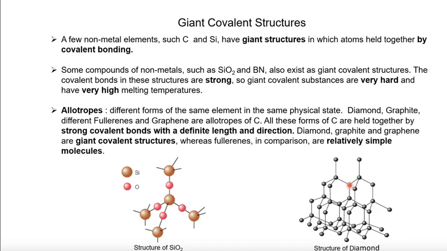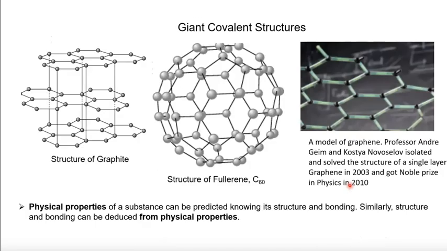The next structure shows another allotrope of carbon, that is graphite. If you remember, we talked about close packing, layers of close packing. This is a carbon atom bonded with 3 other carbon atoms, and they form a layer.